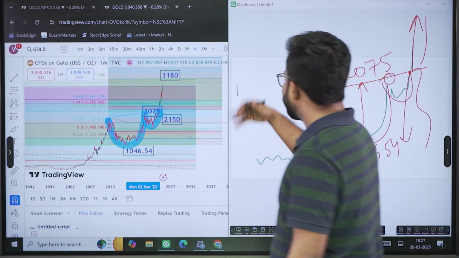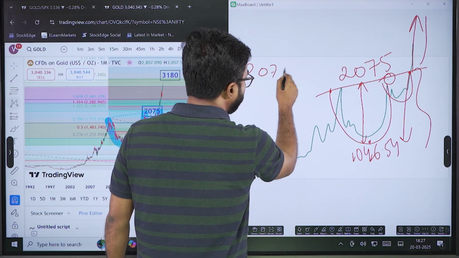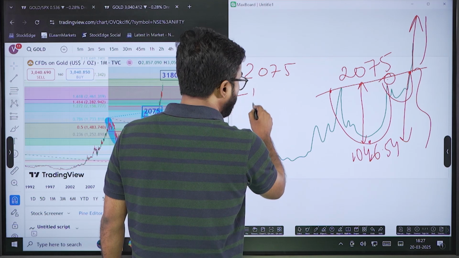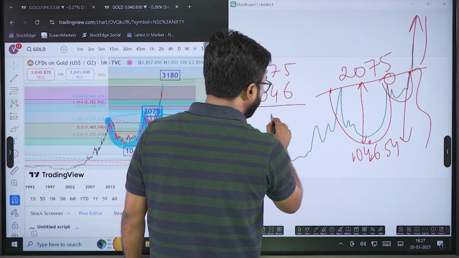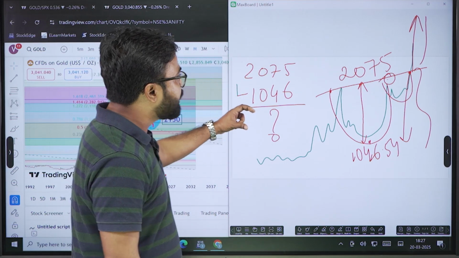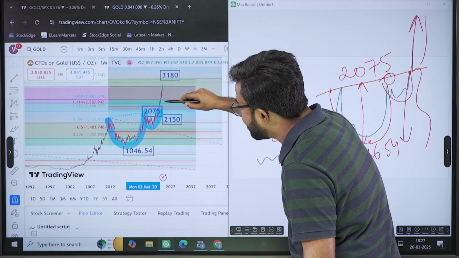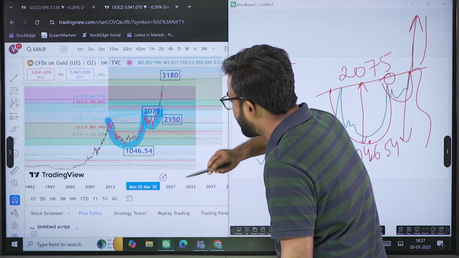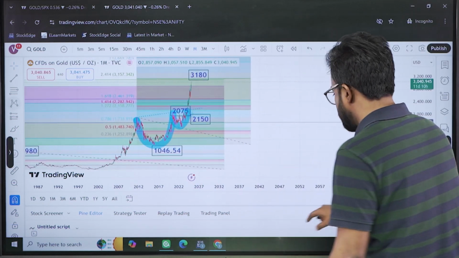So if you just subtract 2075 minus 1046 in round figure, you will get something, right? So you need to add this something from this breakout level, and this breakout level is around 2150.